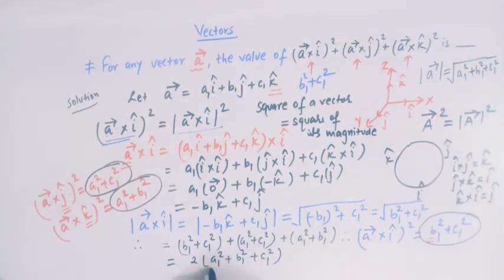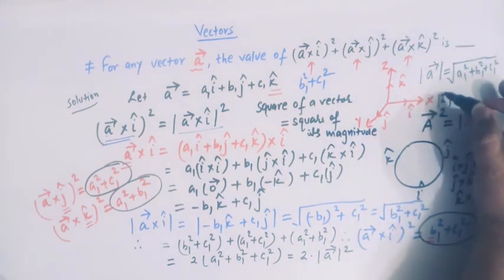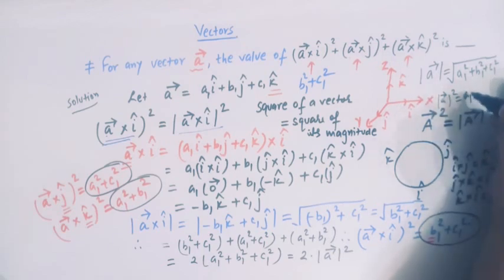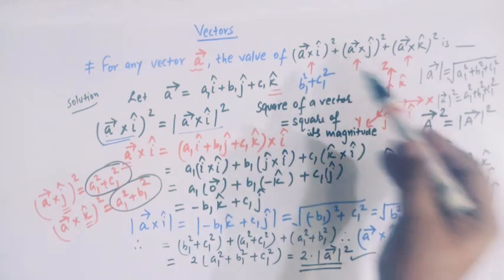So if we take square of both sides, then we have the square of the magnitude is equal to A1 square plus B1 square plus C1 square. So we have 2 times of the square of the magnitude of vector A. So this is the value of this expression.